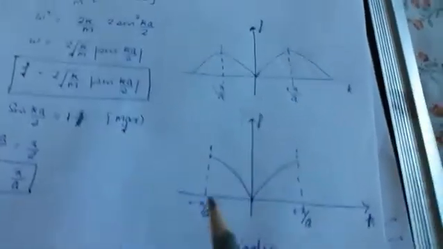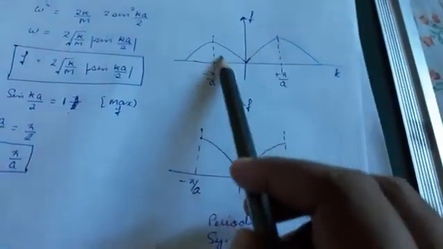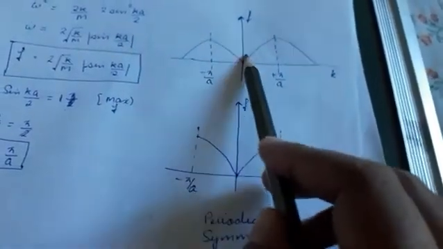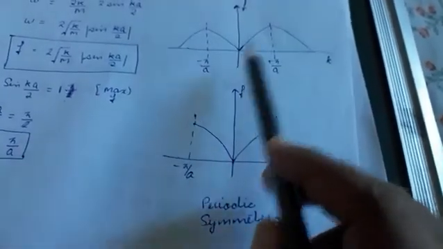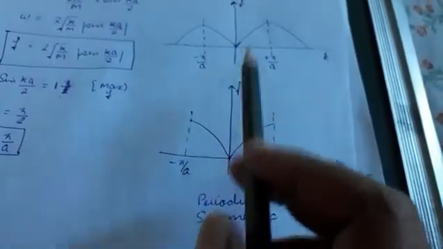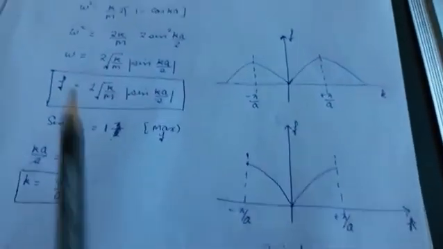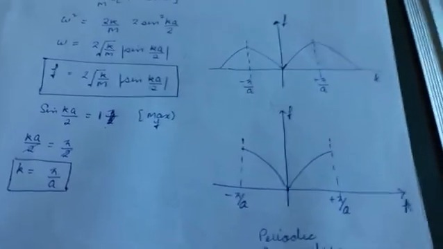In most books you will see that only this part of the spectrum is usually taken, because it is periodic and symmetric, so you need not take other Brillouin zones. This relation we will be using in the next part, which is why we have discussed it first, and we will discuss a little more about it in the next part.